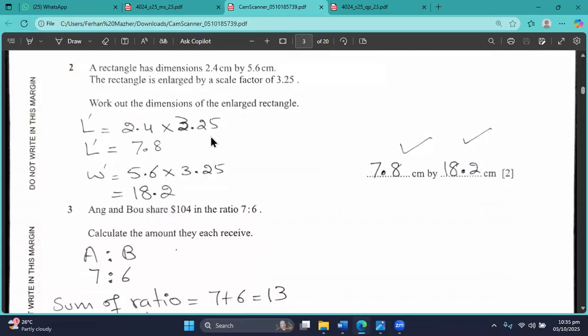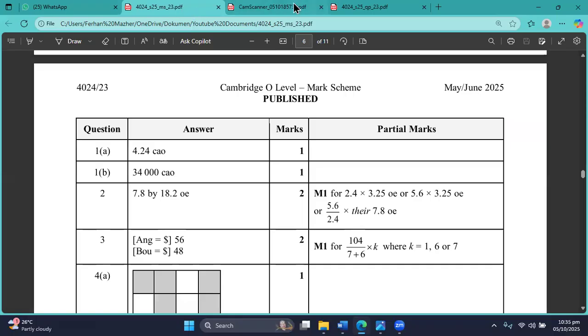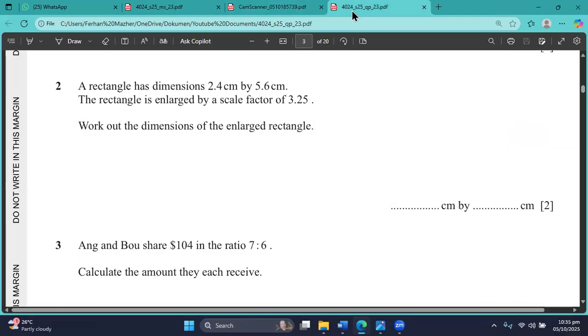So 2.4 multiplied by 3.25 is 7.8 centimeter, and the new width will be 5.6 multiplied by 3.25, and that will be 18.2. So the dimensions are 7.8 and 18.2. This is how this is done.